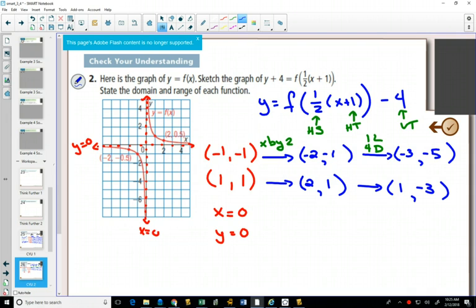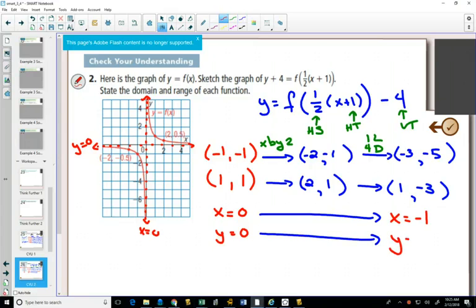So we're moving 1 to the left. Can you see that your asymptote will move to x equals -1? And when we're moving 4 down, can you see that your horizontal asymptote is going to change to y equals -4?